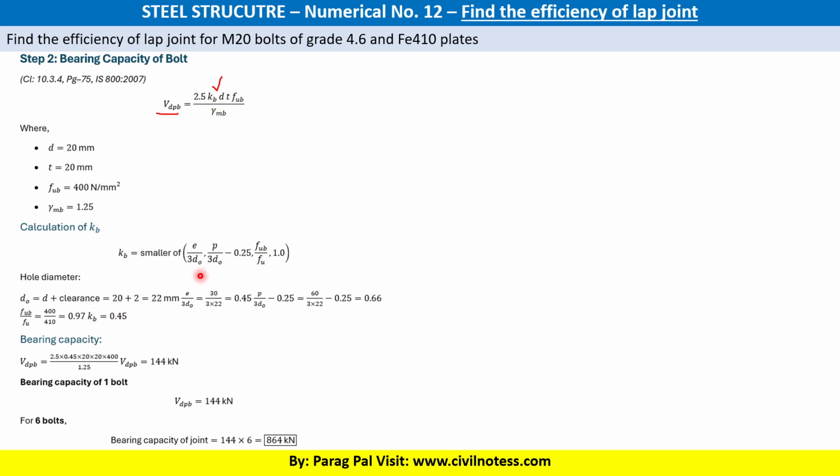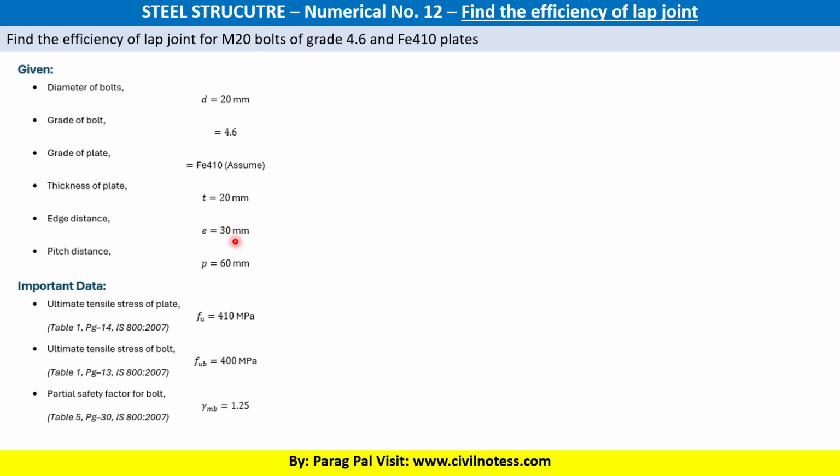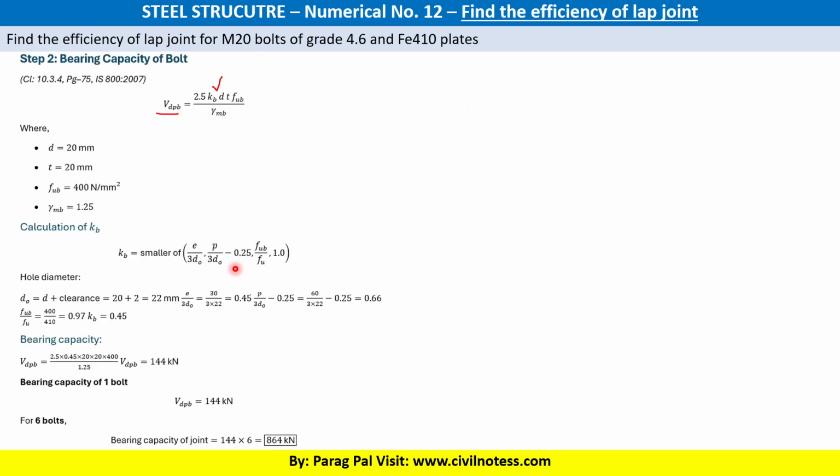kb is calculated by e upon 3d0, p upon 3d0 minus 0.25, fub upon fu, and 1. We have the e and p values at the start: e equals 30, p equals 60. Let's calculate. First of all, d0 is the clearance, so the diameter of bolt 20 plus 2 becomes 22. If you put all the values here, you will get 0.45 for the first fraction.